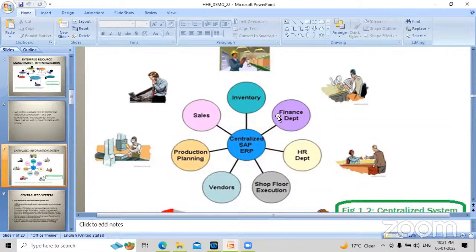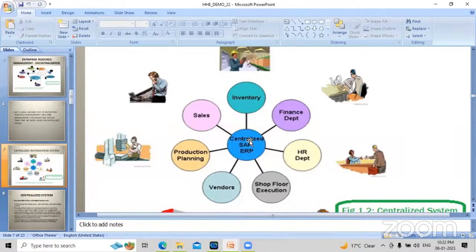So that is the reason in 1972 from Germany, IBM, certain consultants came and formed one private limited company, and there they started building business process standard functionalities in the form of ready-made applications.